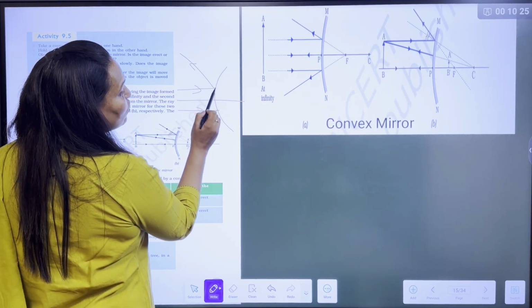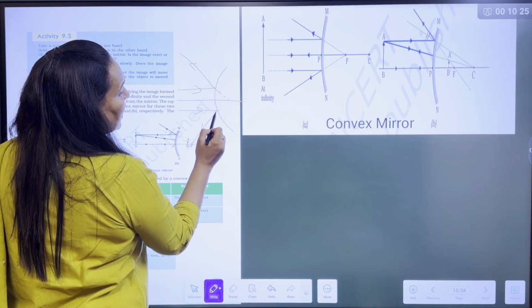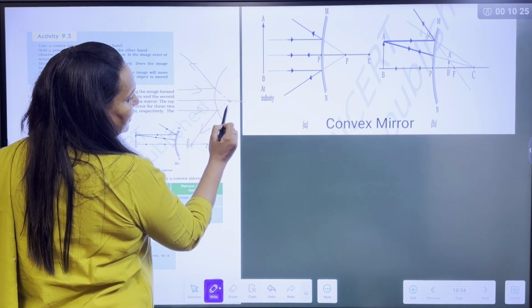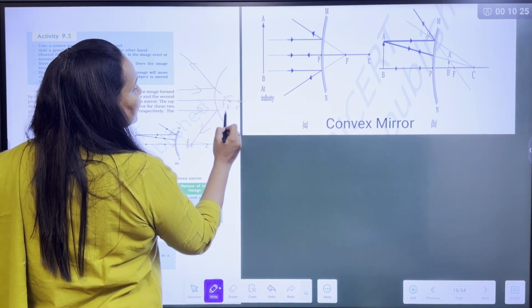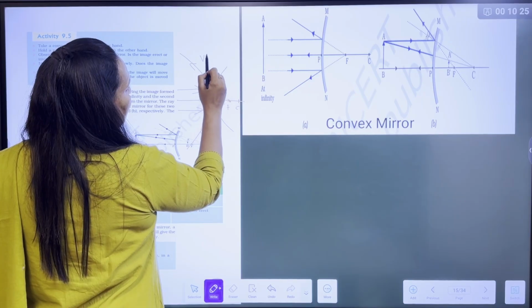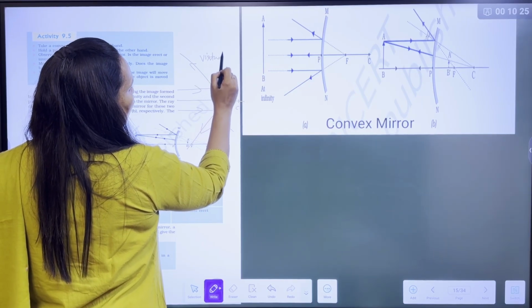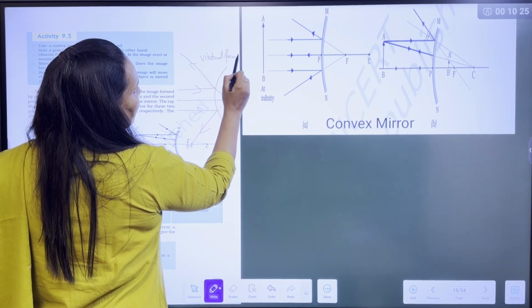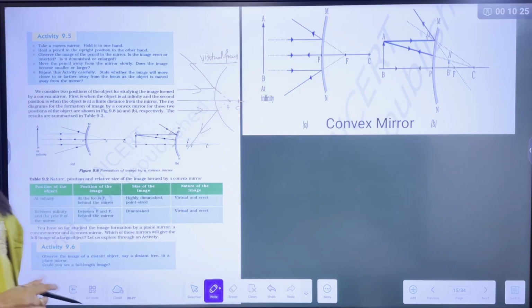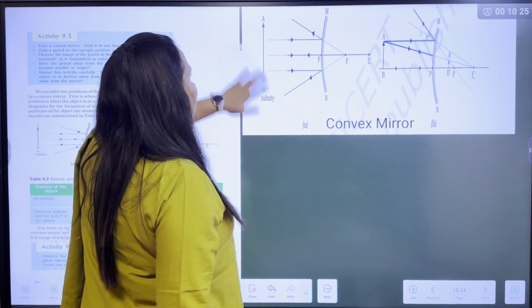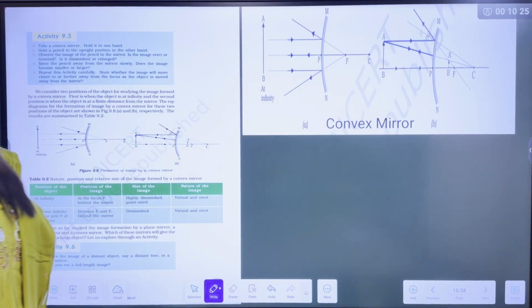So rays do not meet actually, they appear to meet. That's why it has a virtual focus. Right? Am I clear, guys? Hope everybody understood. Now let's do the ray diagrams of convex mirror.